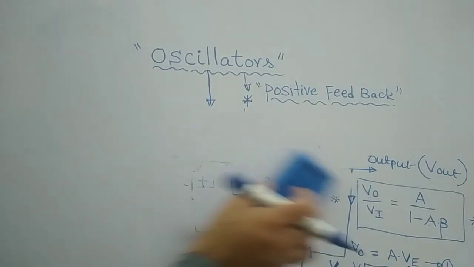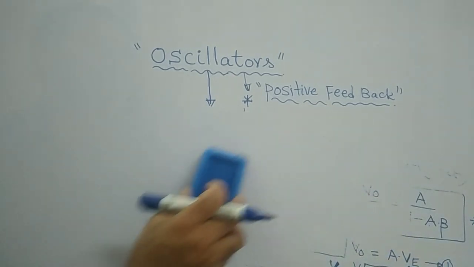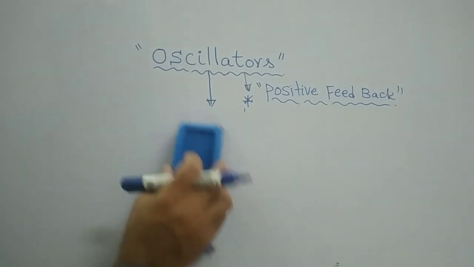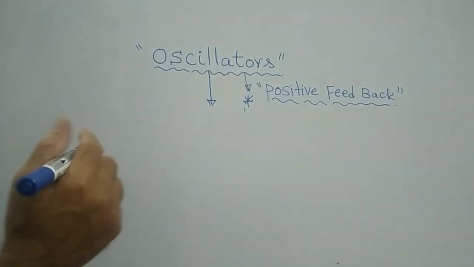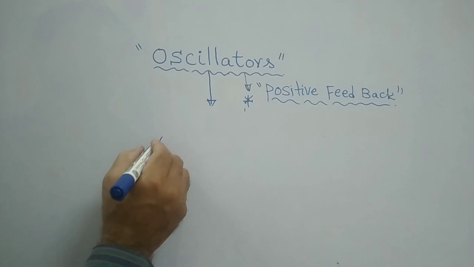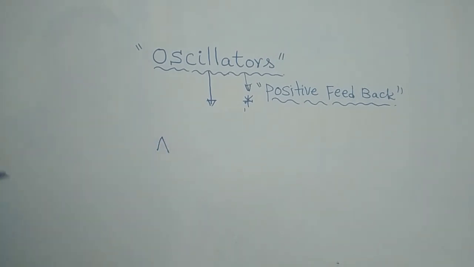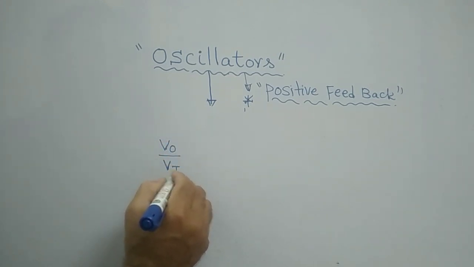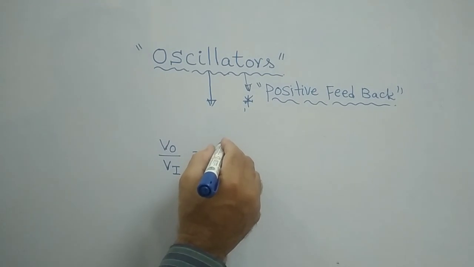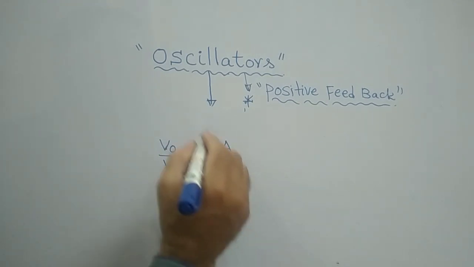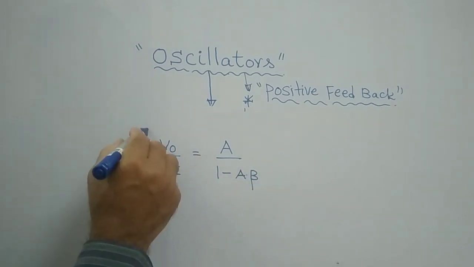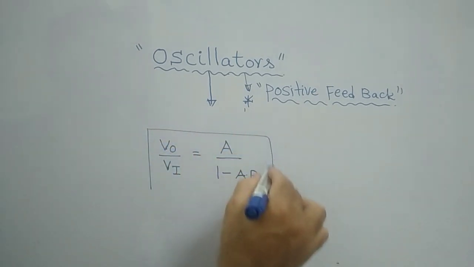A into beta is called the loop gain, right? Let us see, I will write once again here. With the positive feedback, the voltage gain V naught by Vi, output by input, is equal to A by 1 minus A into beta. Clear? This is what you will get with the positive feedback, right?